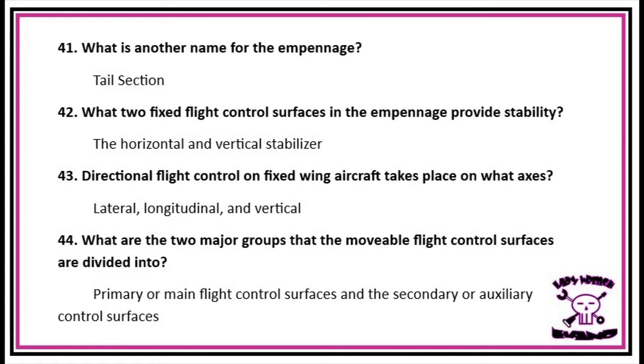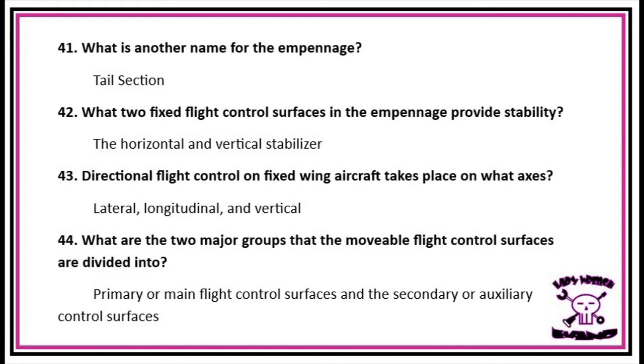43. Directional flight control on fixed-wing aircraft takes place on what axes? Lateral, longitudinal, and vertical. 44.